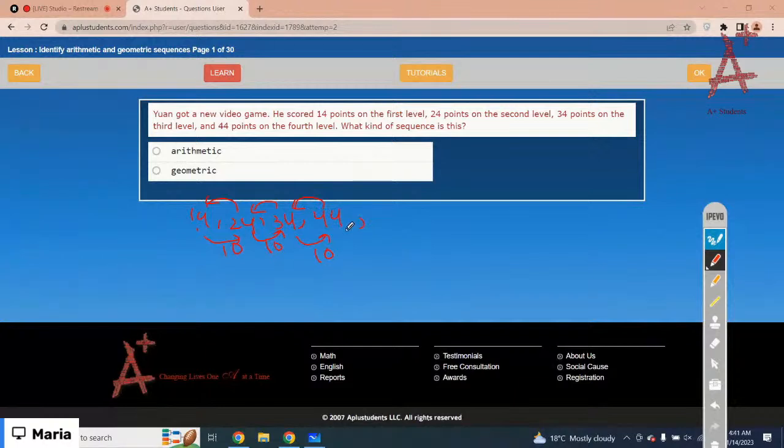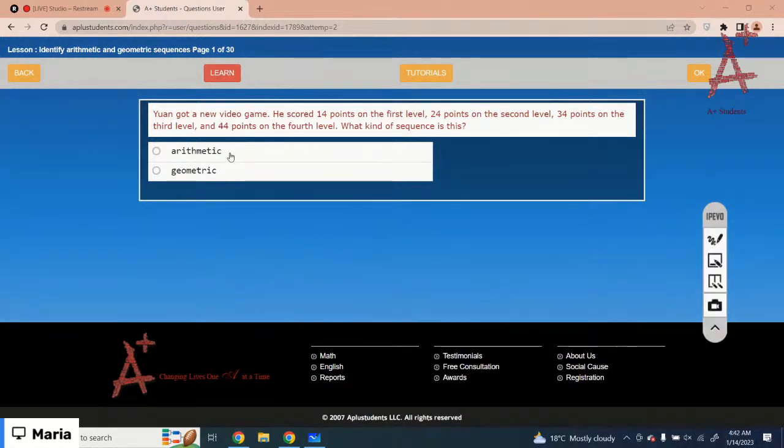Now if you have to calculate the next term, you have to add 10. 44 plus 10 is 54. See, they have a common difference, that is 10. That means it is the arithmetic sequence. So the correct option is arithmetic sequence. Got it?